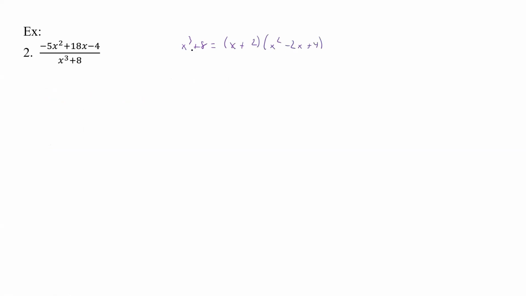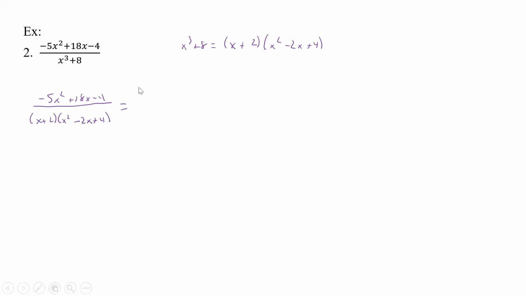And so that is the factored form of that. And if we write that in the denominator, x plus 2 times x squared minus 2x plus 4.